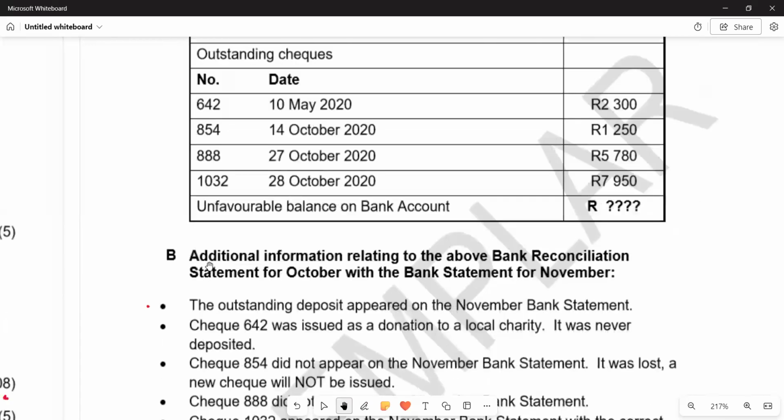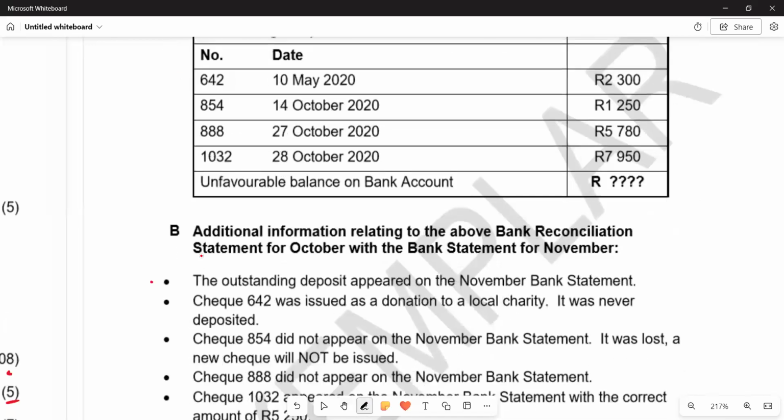The second point says check 642 was issued as a donation to a local charity and was never deposited. We refer back to the previous bank reconciliation, where check 642 is here for 2,300.